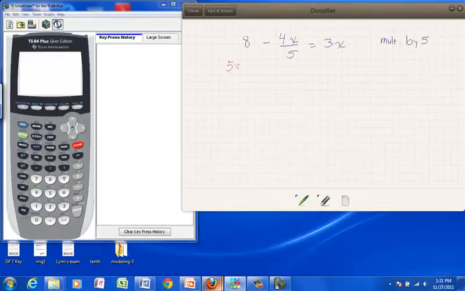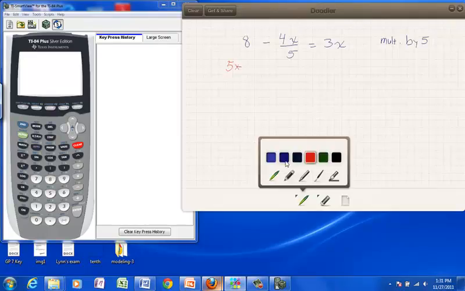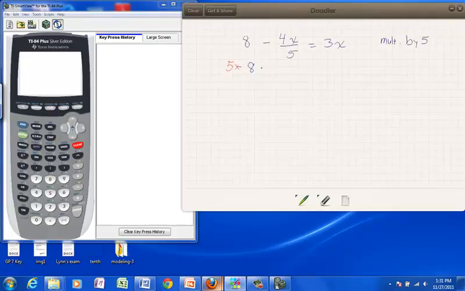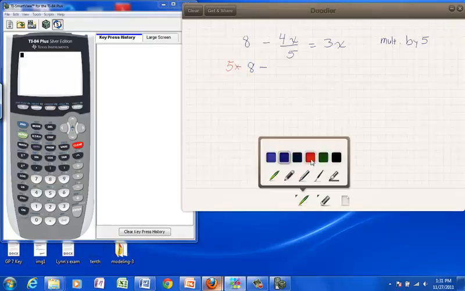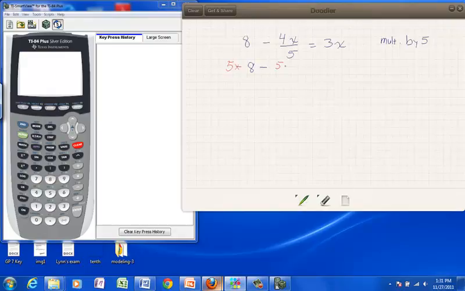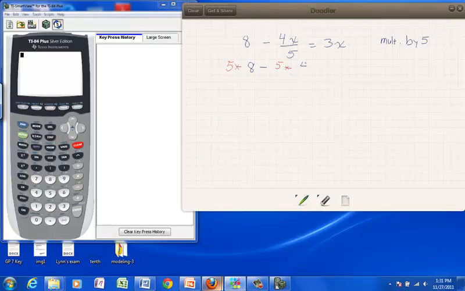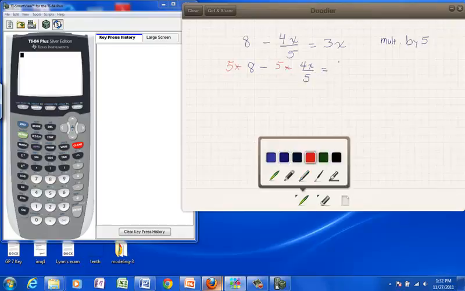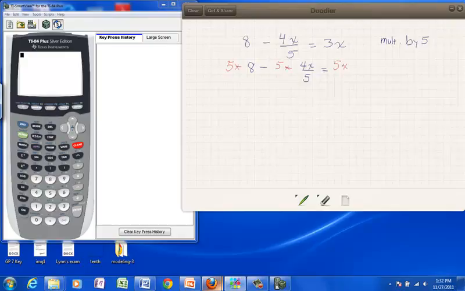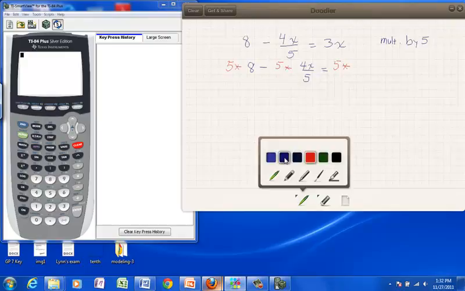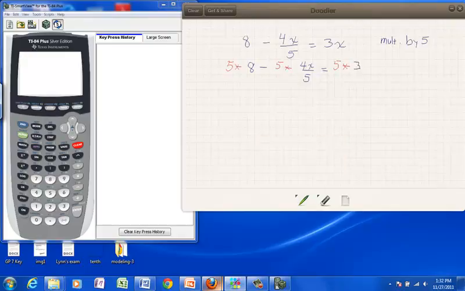So it's 5 times 8 minus 5 times 4x over 5 equals 5 times 3x. 5 times 8 is 40.